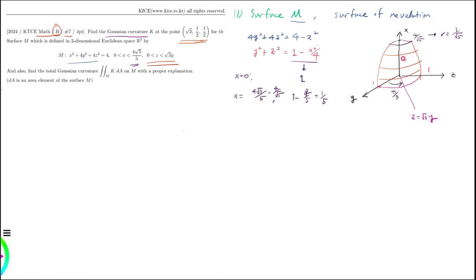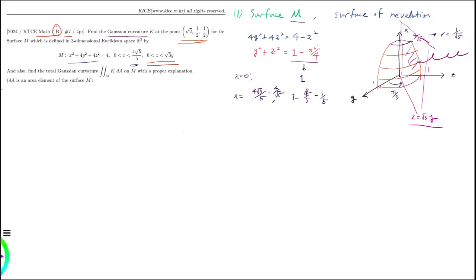So actually the surface is restricted by the plane z equals square root of 3 times y. So this plane will cut the surface of this part away.